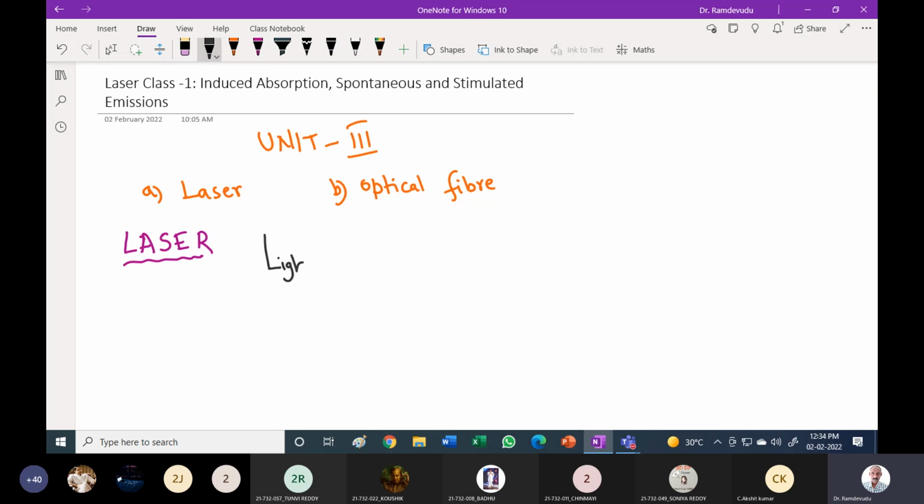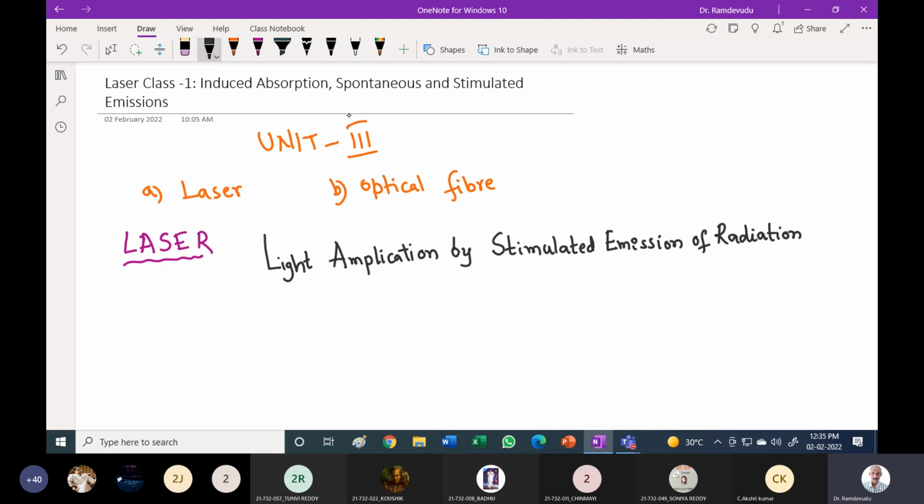So we will define it: L for light, A for amplification. This is amplification of light, not of, by stimulated emission, E for emission, emission of radiation, I'll take it as radiation.